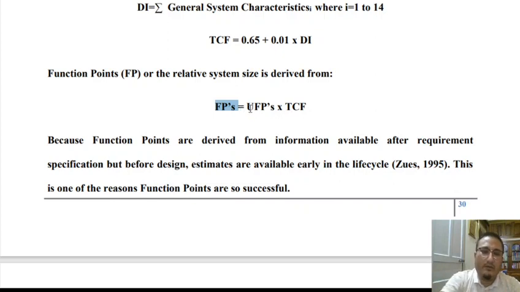Now we have taken into account 5 parameters for determining unadjusted function point, and 14 parameters for determining technical complexity factor. So altogether till now we have taken into account 19 system characteristics for determining function point or adjusted function point.